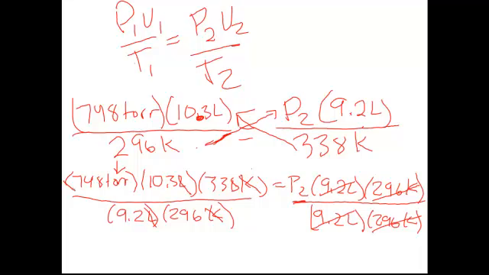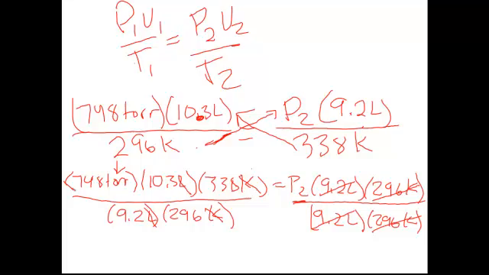So now when we do the math, let's make sure we're all putting this in the calculator correctly. Everything on the top, hit multiply. Everything on the bottom, hit divide. If you remember that, that'll make it really, really easy. So I'm going to go 748 times 10.3 times 338 divided by 9.2, careful here, divided by 296.